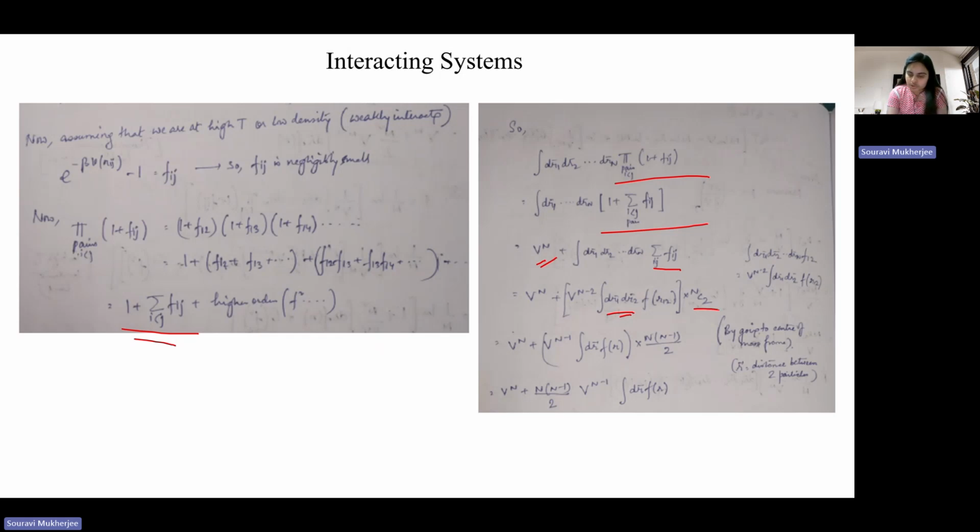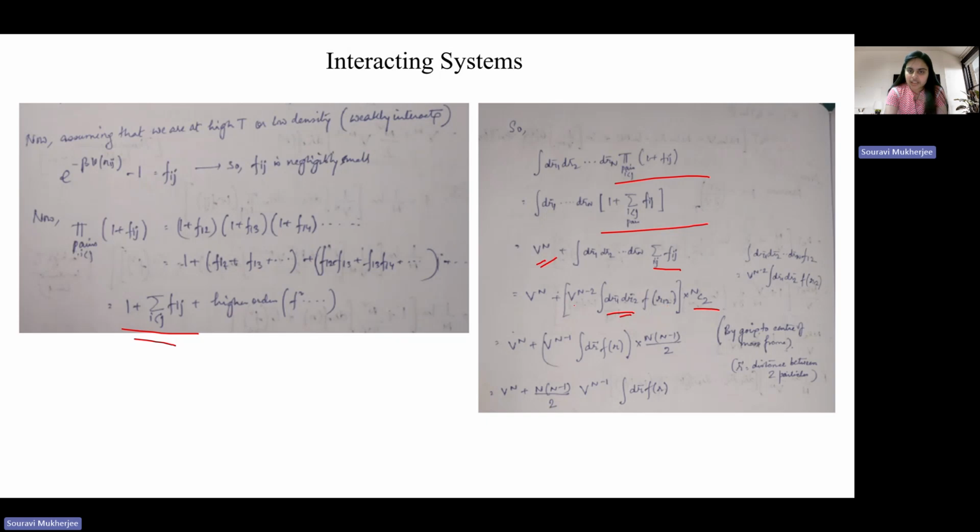Once you have chosen two variables out of these n variables, you have dr1 and dr2. Now you want to see how the potential is between these two particles. So you can just retain these two variables and only f of r12 can be there.